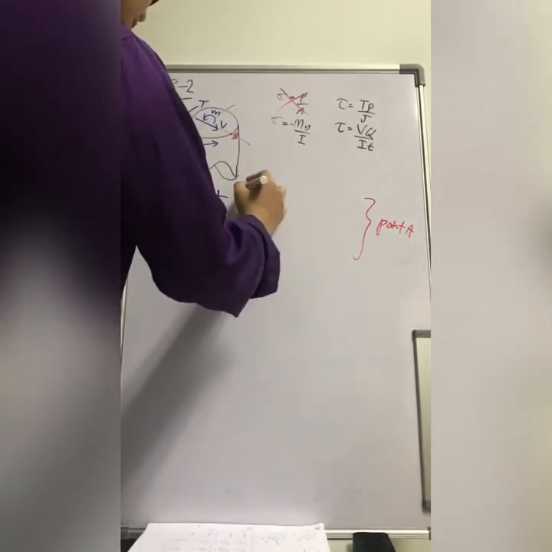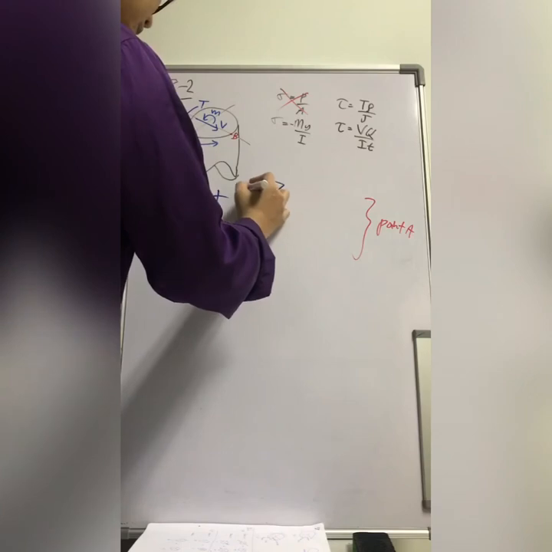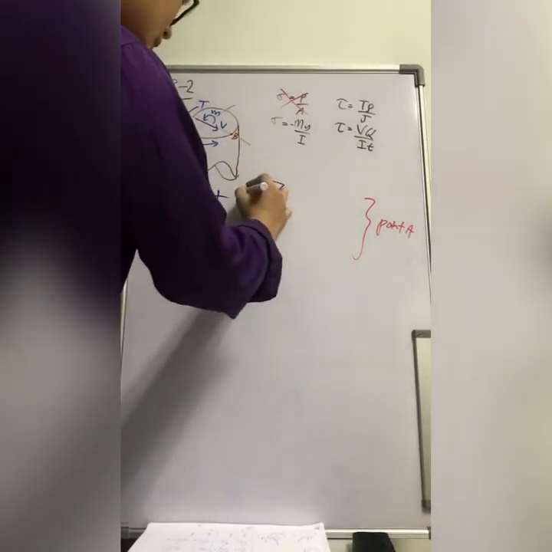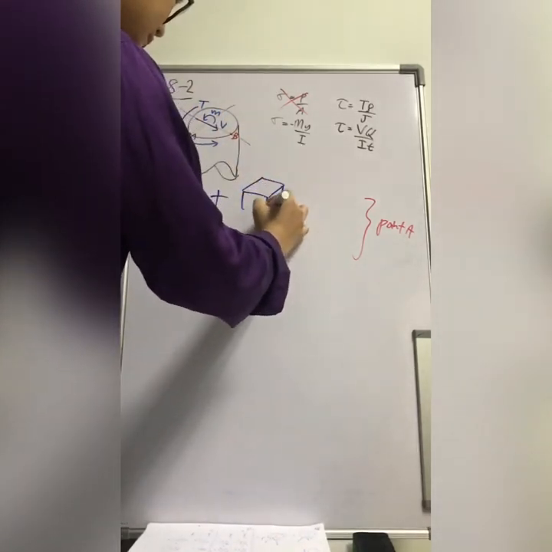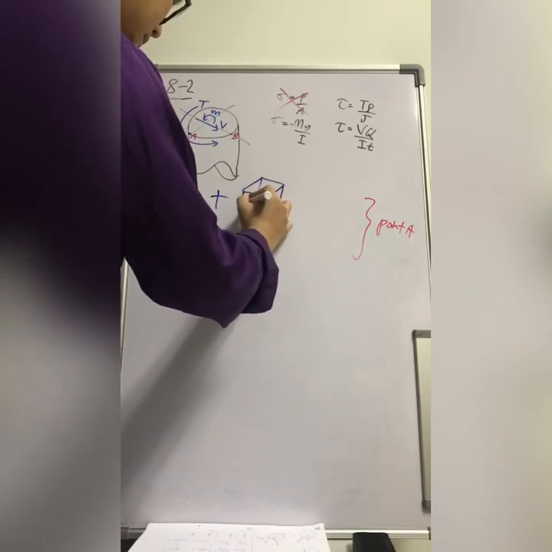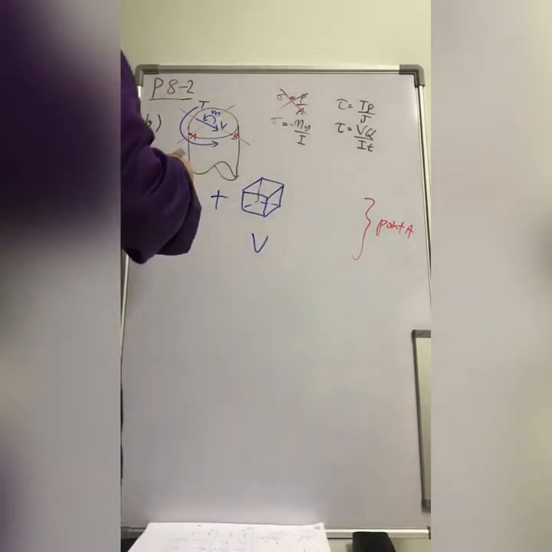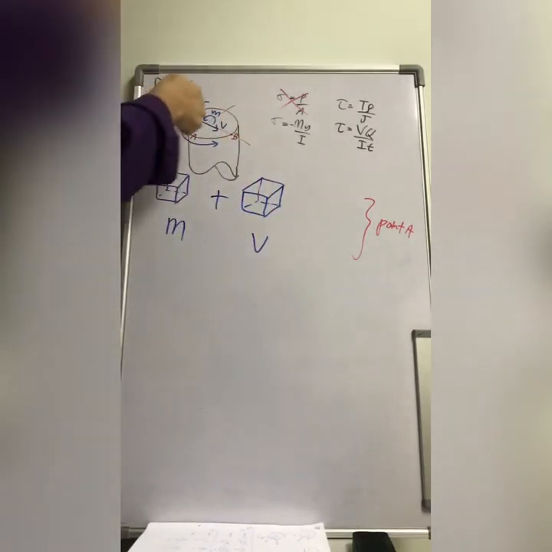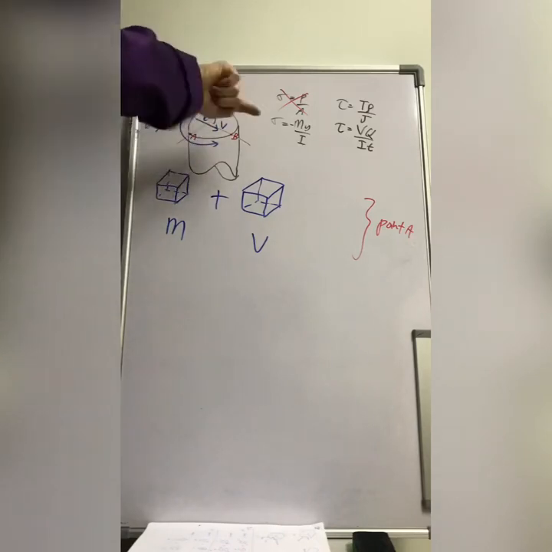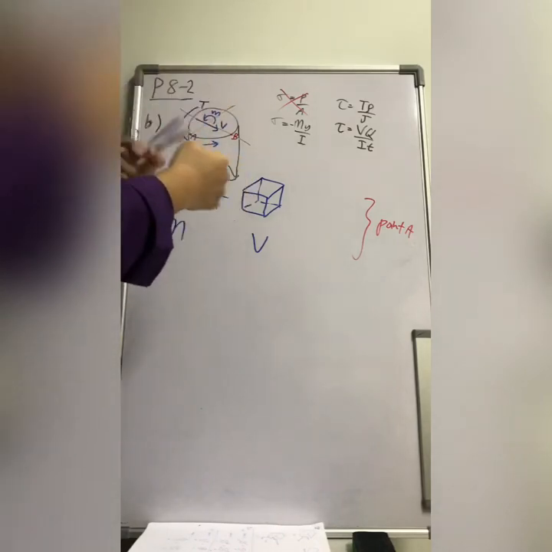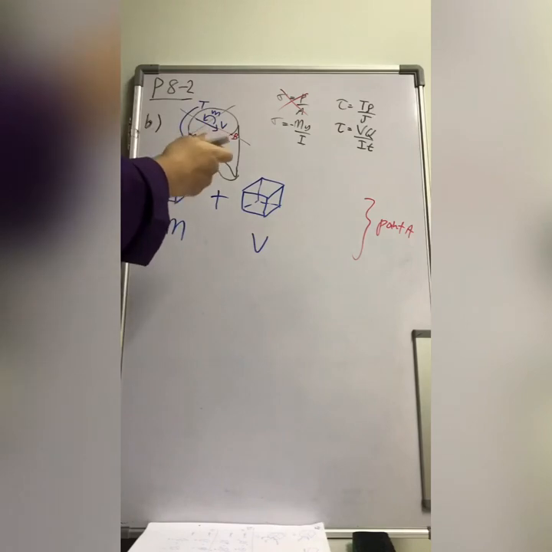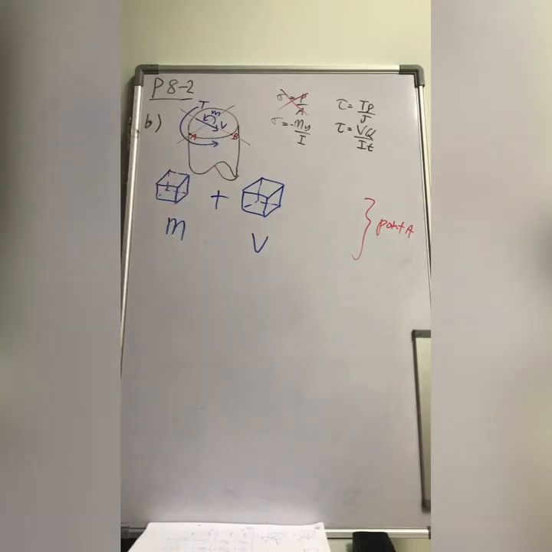Next, due to V. Again, this is the surface of A, right at the top, and you draw the rest of the cube. So for V, V goes this way, to the right. Do you have this shear stress?